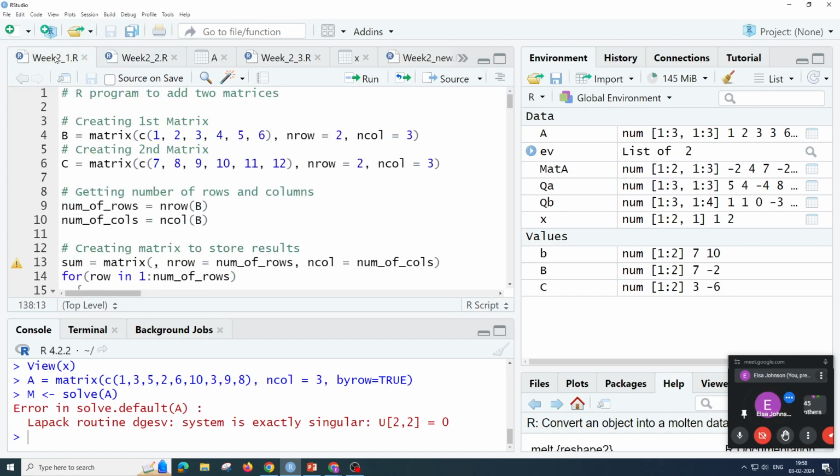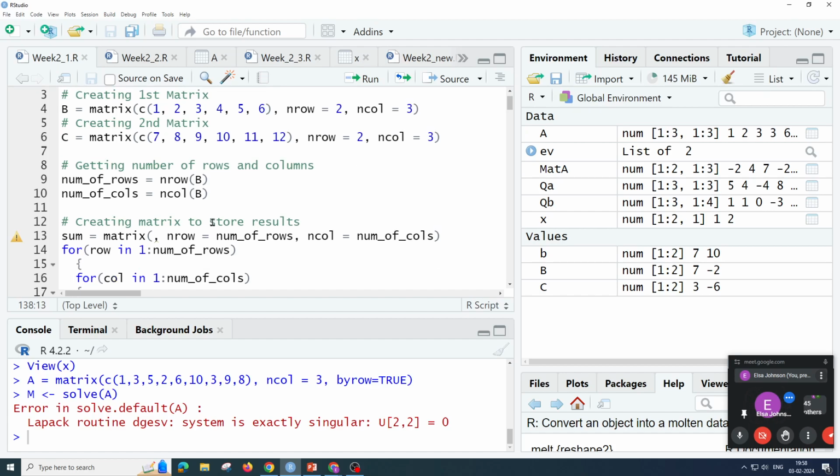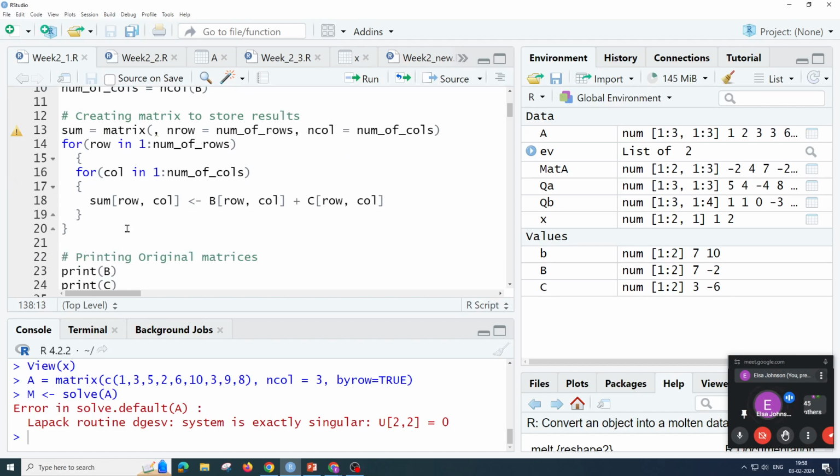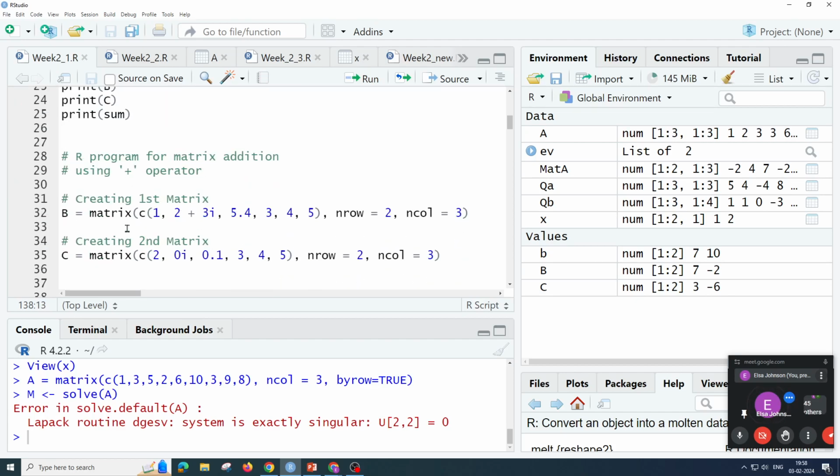Now, adding two matrices, I'll just share this file with you. There are two ways in which you can add two elements in a matrix. You can create a for loop and store the result with that, or you can use the plus operator also.